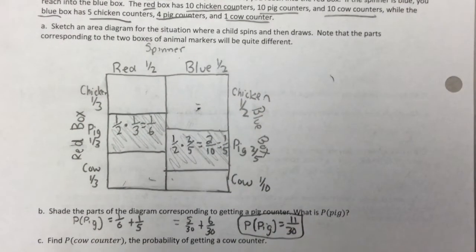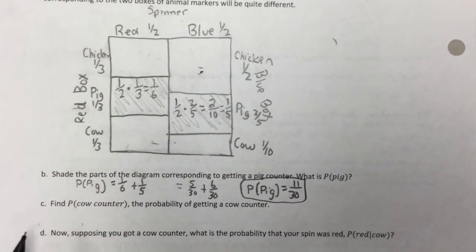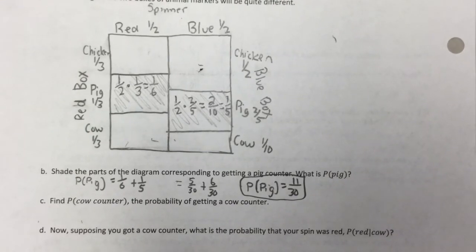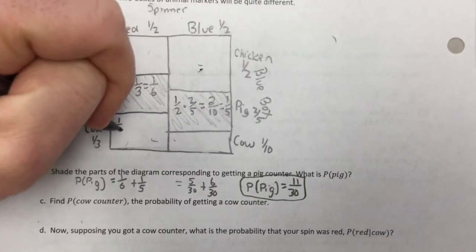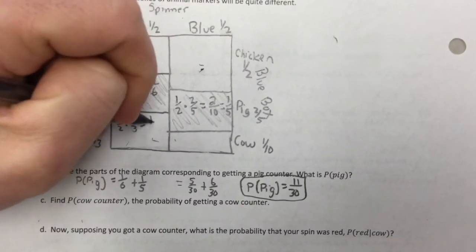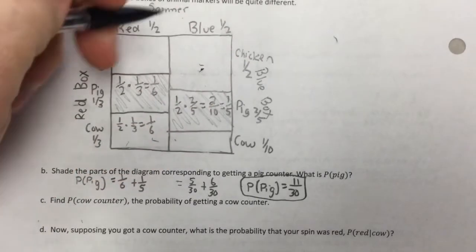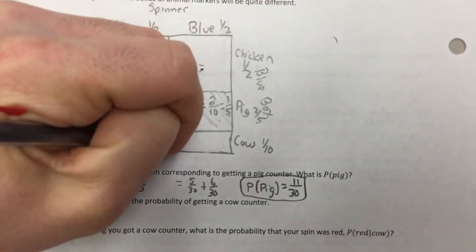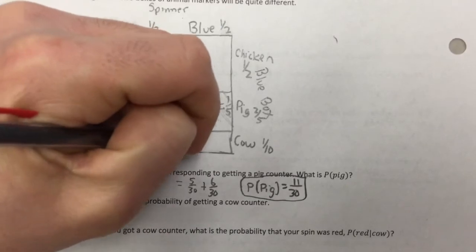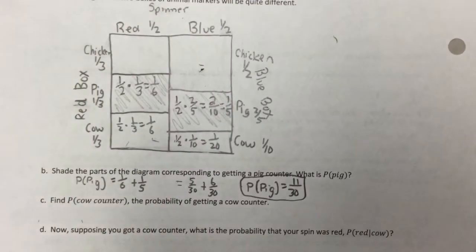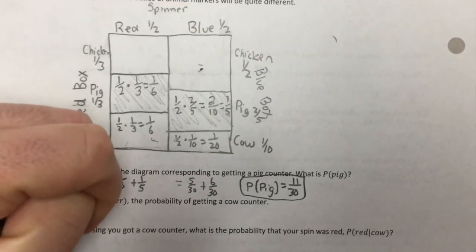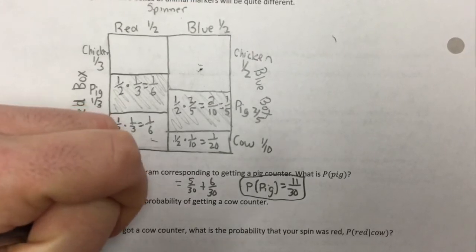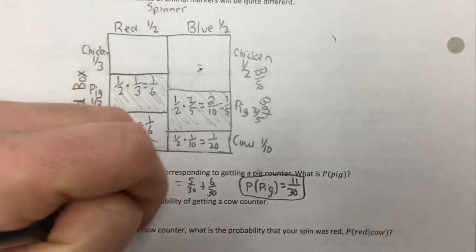The last part says find the probability of a cow counter, which is the probability of getting a cow. So the cows are right here, 1/2 times 1/3, which is 1/6. And the cow here would be 1/2 times 1/10, which is 1/20. So again, I'd have to add: probability cow would be 1/6 plus 1/20.